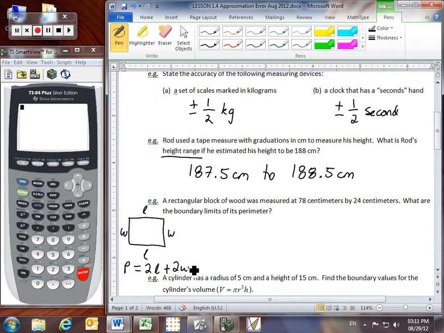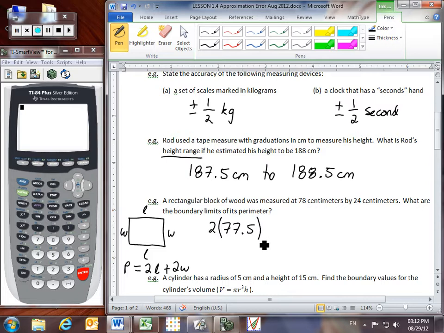Let's start by looking at the smallest possible perimeter we could have, just like we began by looking at Rod's smallest possible height. The smallest perimeter is going to occur when we've got the smallest possible dimensions. What's the smallest true measurement of the length, if we were able to measure it perfectly? It might have been as small as 77.5 centimeters. So let's suppose that that's the length.